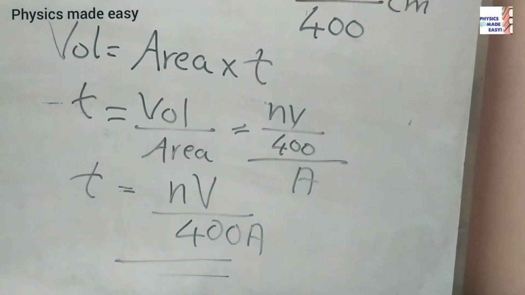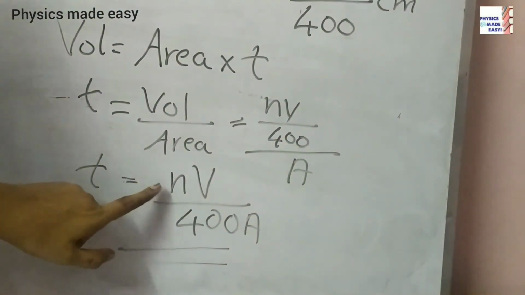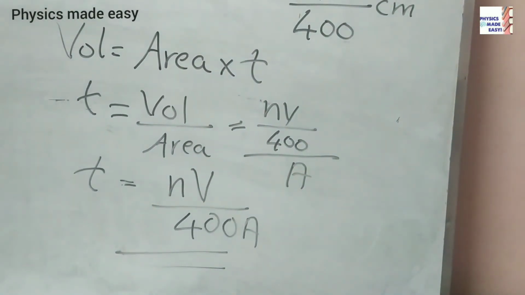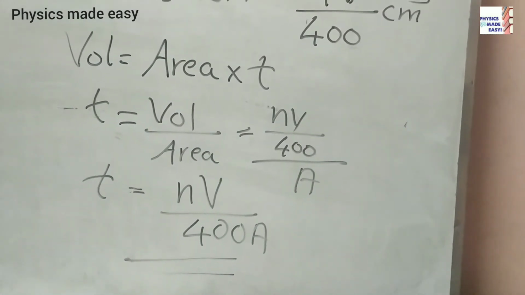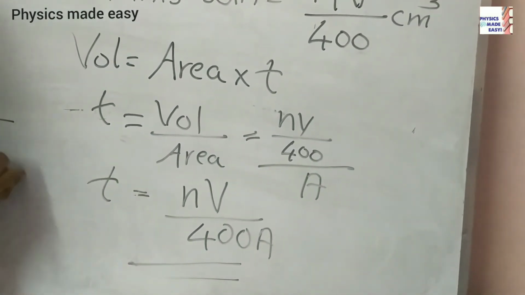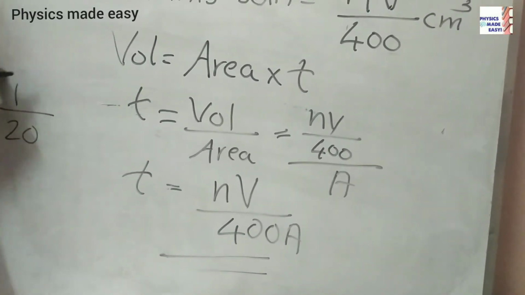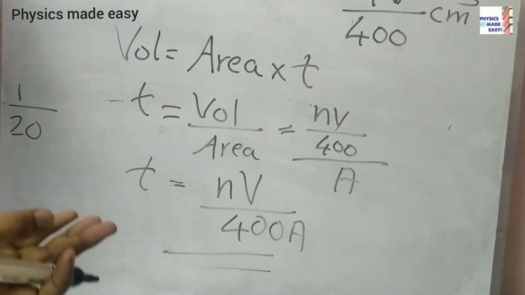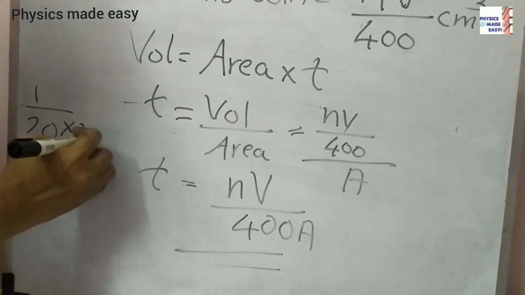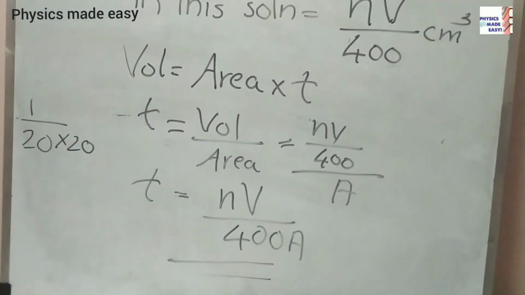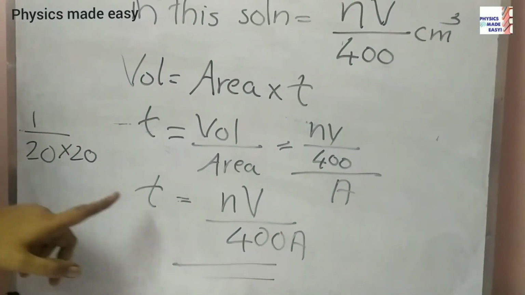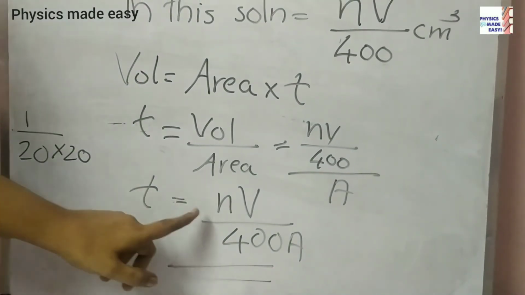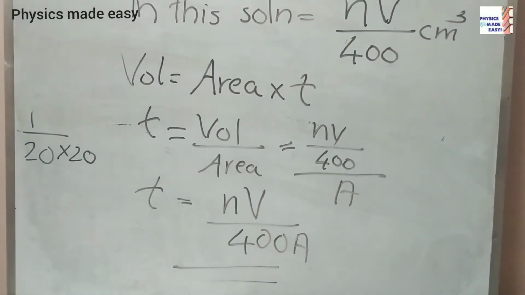So here n means the number of drops, V is the volume of each drop. Why did this 400 come? At first we dissolve 1 cm³ of oleic acid into 20 cm³ of alcohol. Again we redissolve 1 cm³ of this solution into 20 cm³ of alcohol. That's why the concentration became 1/400 cm³. Now the thickness of that film is nV divided by 400A.